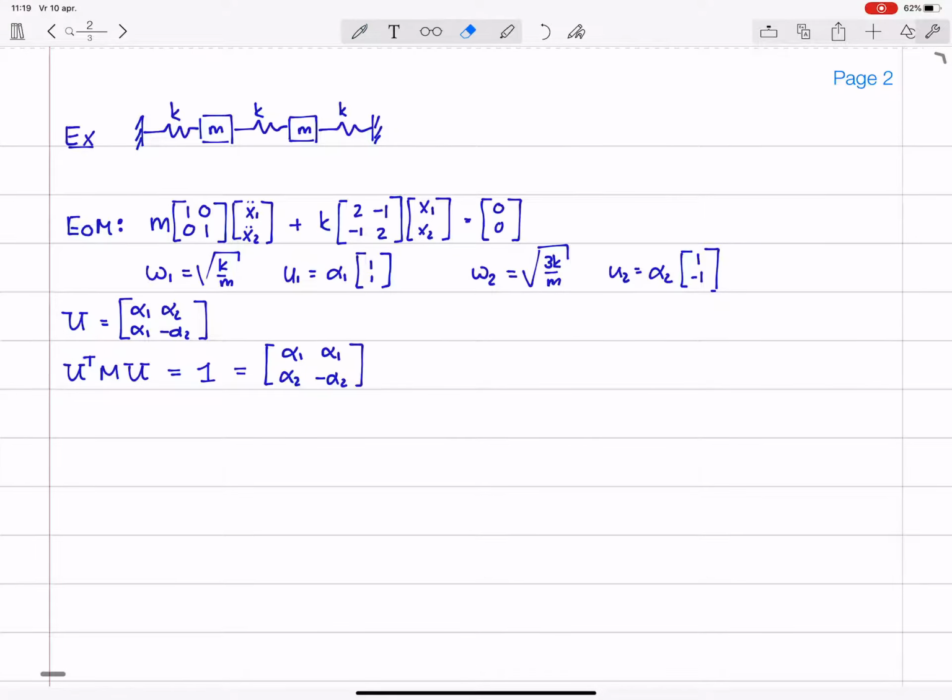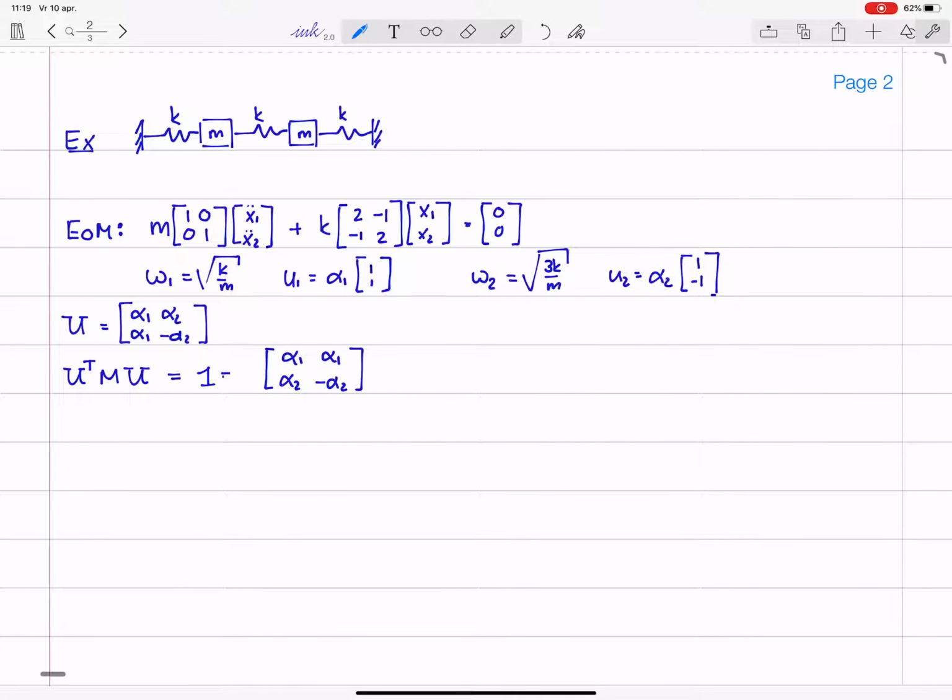Let me put M in front because that is just a scalar. Then we have 1, 0, 0, 1, times alpha 1, alpha 1, alpha 2, minus alpha 2. The mass matrix is in fact the identity matrix, so I can ignore it.